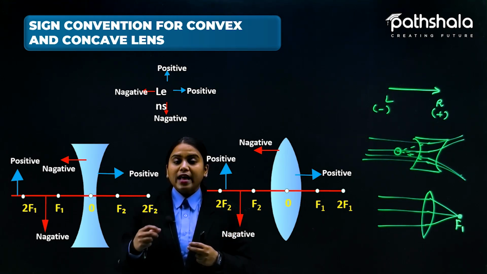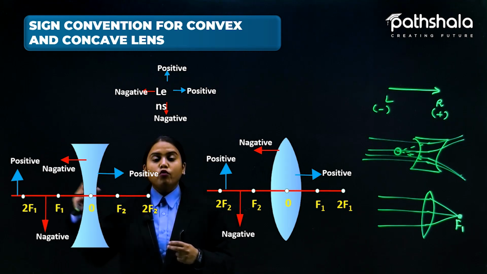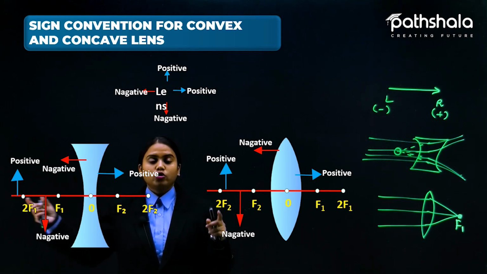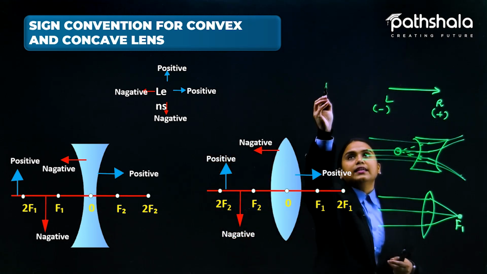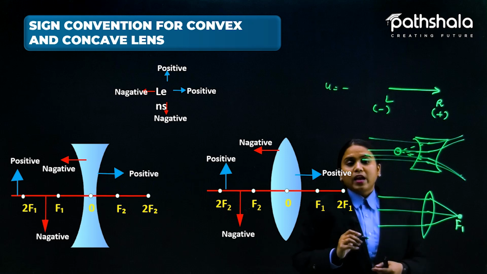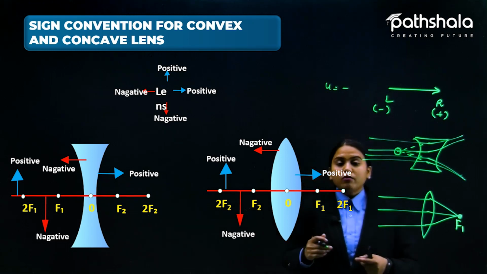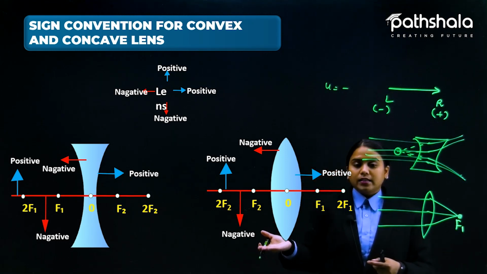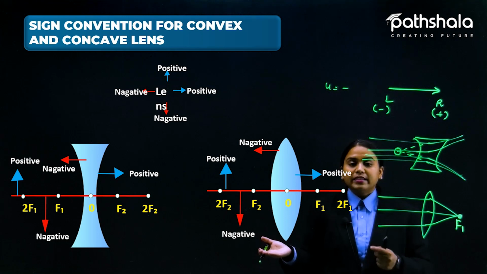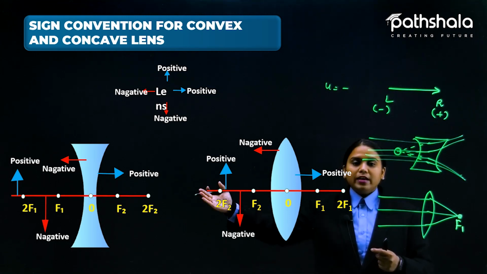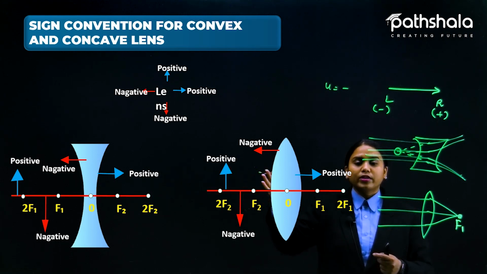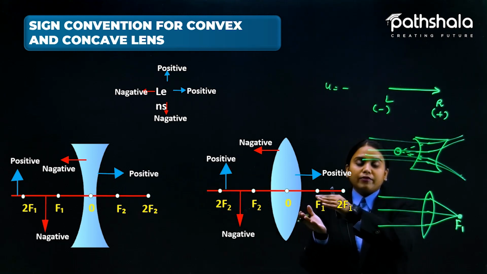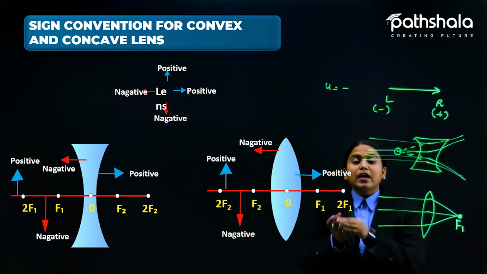So you know that every time the object would remain at the left side. So you can say that object distance is always considered as negative. And image, in case of this convex lens, you know that the image is real. So the image would always be at the next side, because the rays are going to refract, and the refracted rays are going to meet here in real.